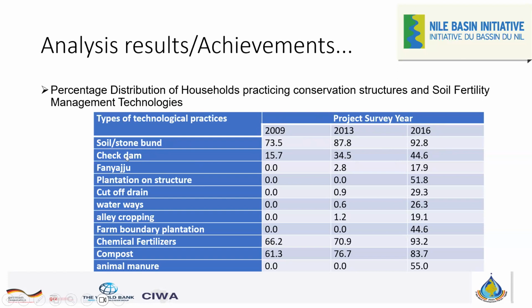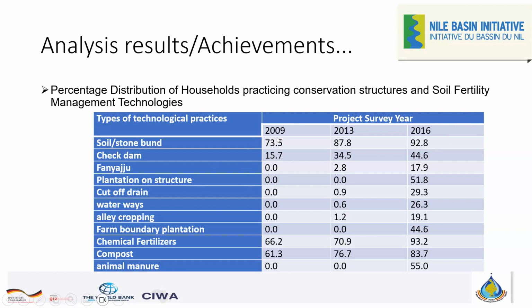For example, in terms of check dam or stone dam, at the baseline stage, it was about 73.5%. But at the end of the project, the distribution of households that participated or practiced this conservation measure reached about 92.8%.